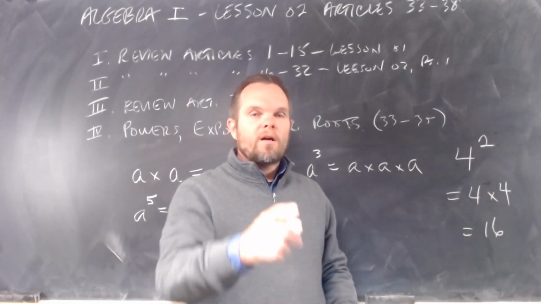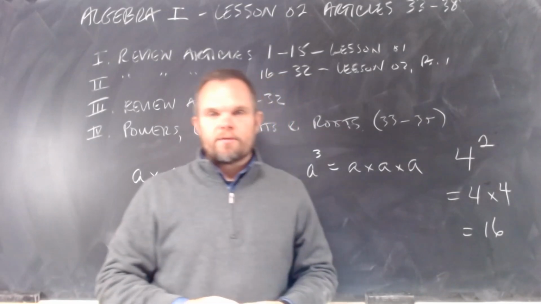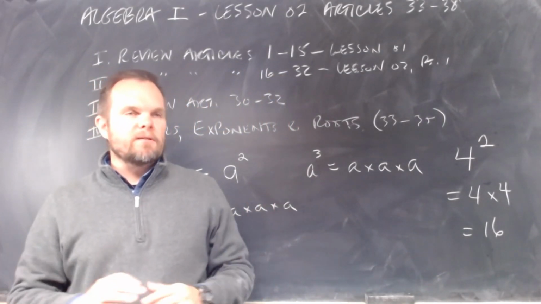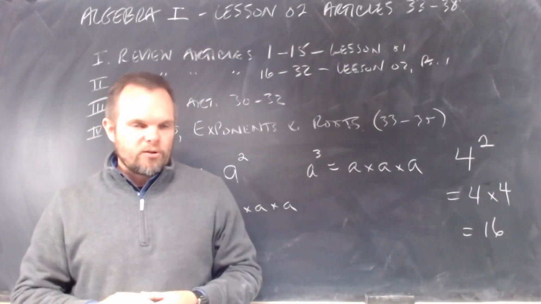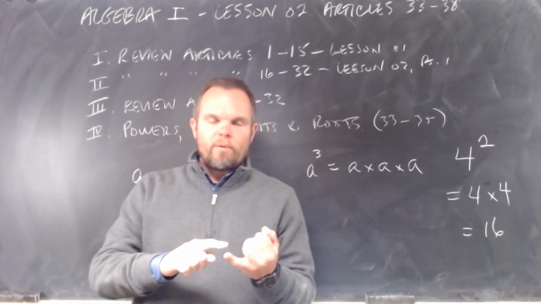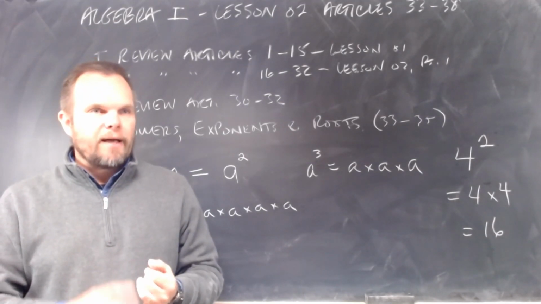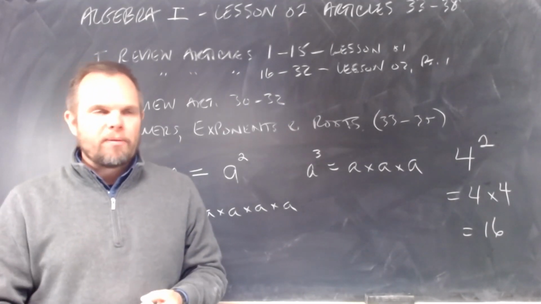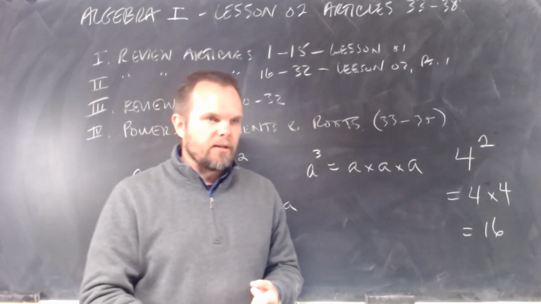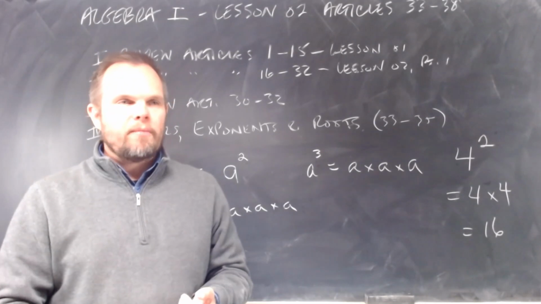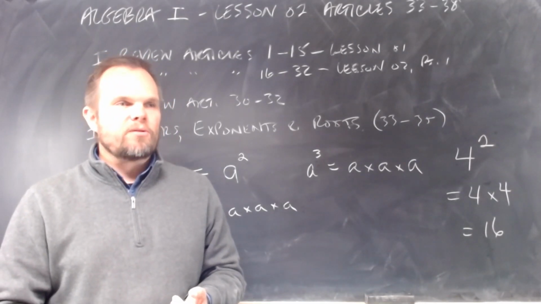Okay, so what I want to make sure you have in your notes, obviously we're going to talk about this and review this a million times, is what the word power means, what 2nd power means, what 3rd power means. And I want you to know what square means, okay? It's in your notes.